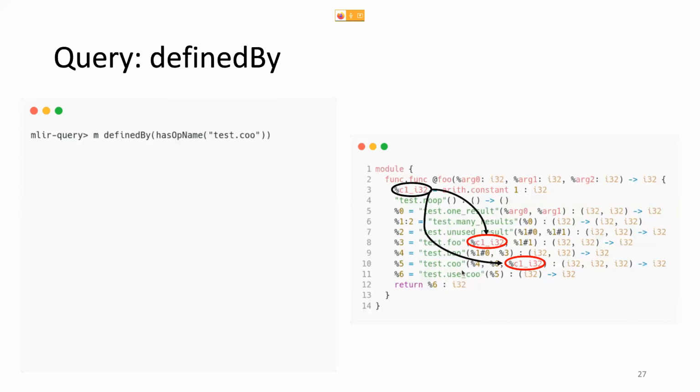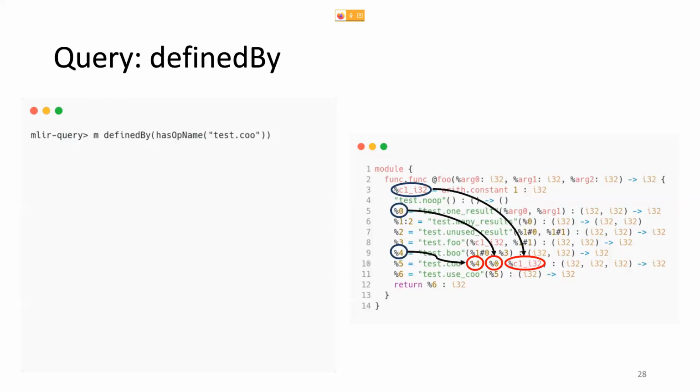If that's true, it returns true. So in this case, C1I32 returns true because one of the children, which is one of the uses, which is test.q, has an op name test.q. Similarly, these three operations also match the matcher.